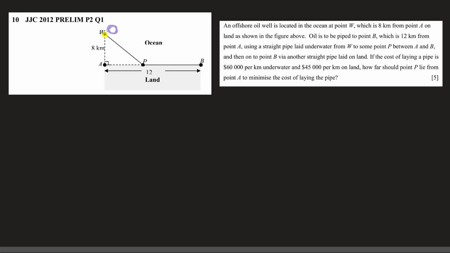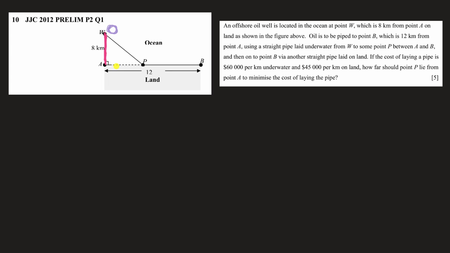Just lay it straight. Get it there. But the problem is, this is expensive. You also do not want this because laying a pipe in water is expensive, right? Let me minimize the amount of pipe being laid underneath water. So this is the least possible value, right? A direct pipe channel towards land.